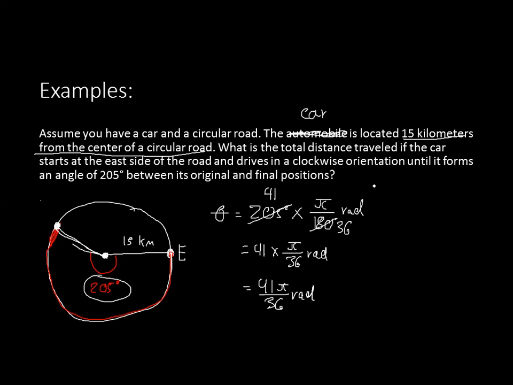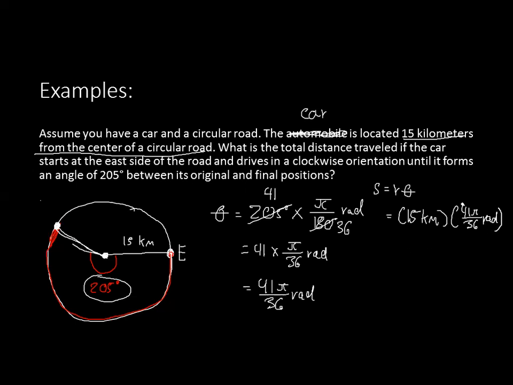Now we can substitute it in this formula: s is equal to r times theta. R is your radius, so that would be 15 kilometers, times your theta, which is 41 pi over 36 radians.